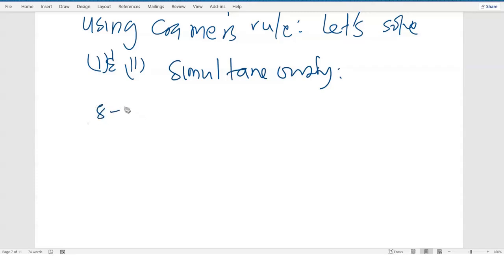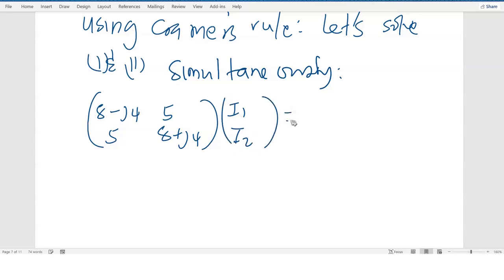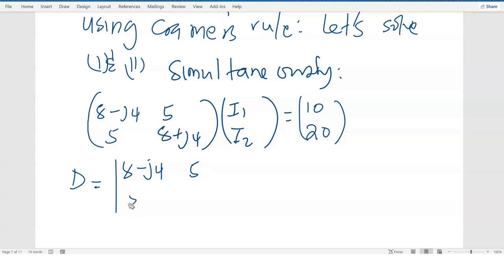So this is 8 minus j4, 5, 5, and 8 plus j4, times I1, I2, and this is equivalent to 10 and 20. So I'm going to pick this matrix. I look for the determinant of this matrix, D, which is for the matrix 8 minus j4, 5, 5, 8 plus j4.